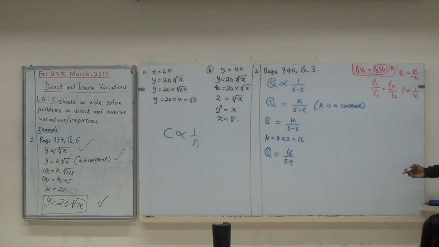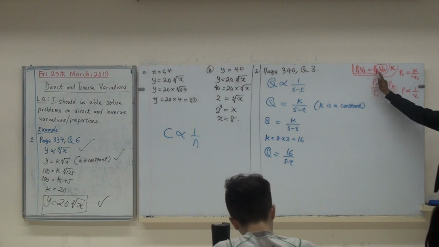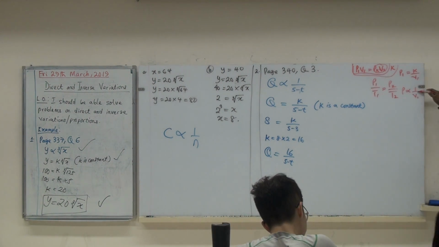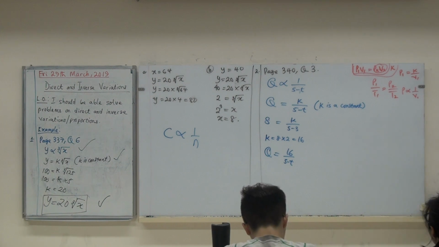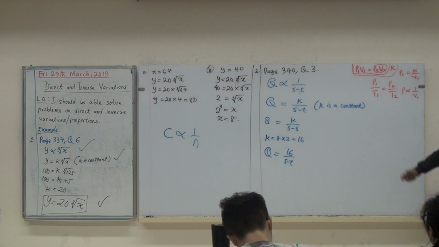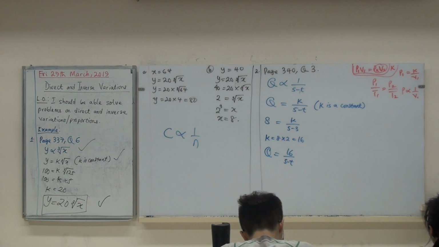Do you understand? Once I remember this, I trace it back to this one, and I just write in my exam paper, the pressure of the gas is inversely proportional to the volume, provided the temperature is constant. And I get all my marks, and my teacher thinks I memorized it and I'm very smart. No, I'm just mathematically smart. I'm not chemically smart.